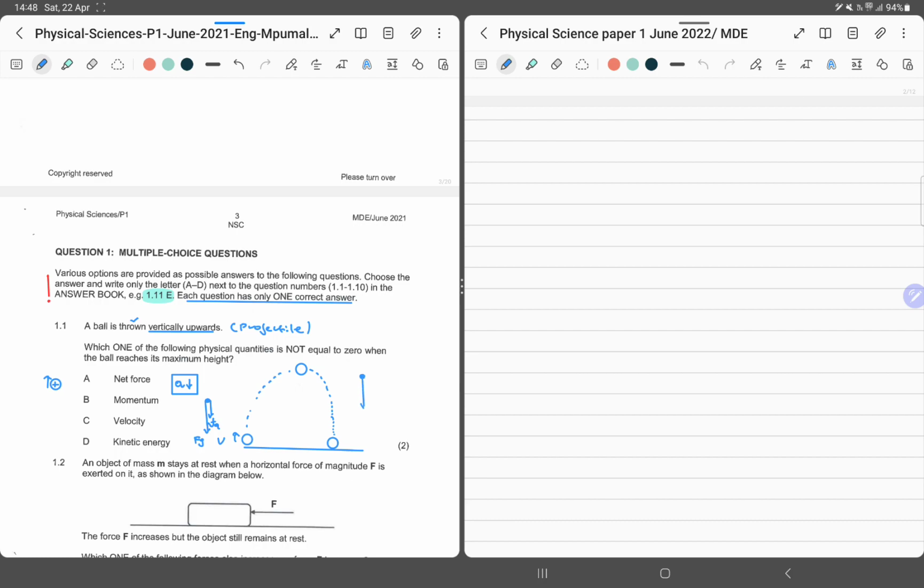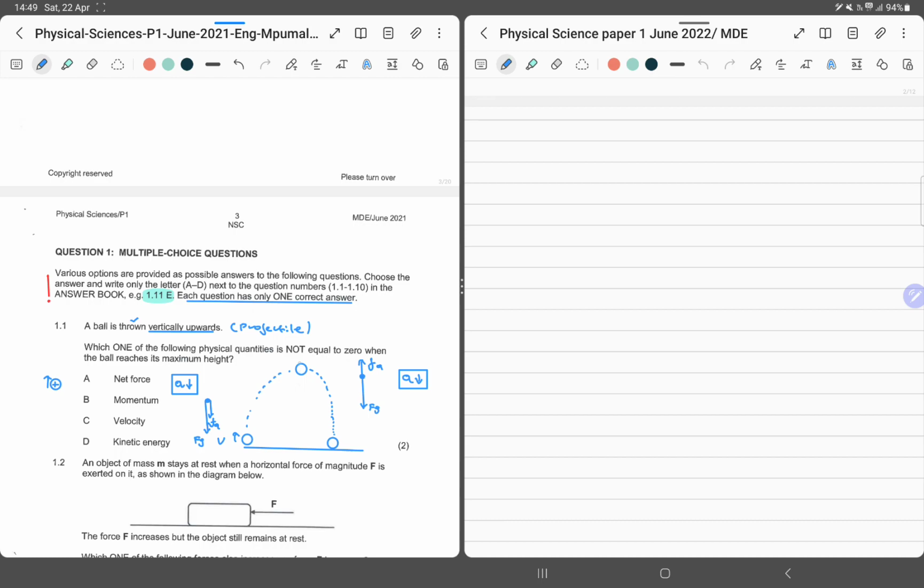The gravitational force is directed down as always, but now F friction opposes it because now it's opposing the direction of motion of the ball. So again, we will still have acceleration directed down.